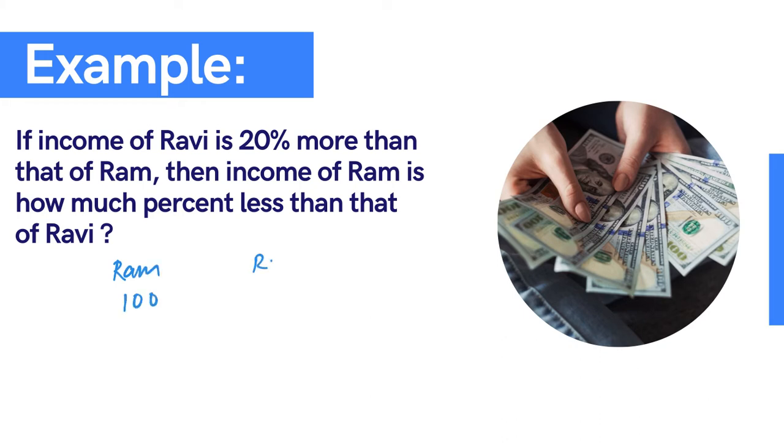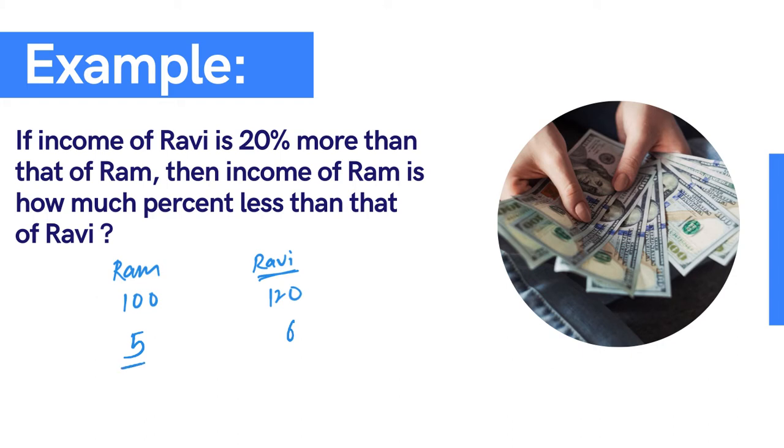Then Ravi's income will be 120. If I cut this number and this number by 20, what will I get? I will get 5 here and 6 here.